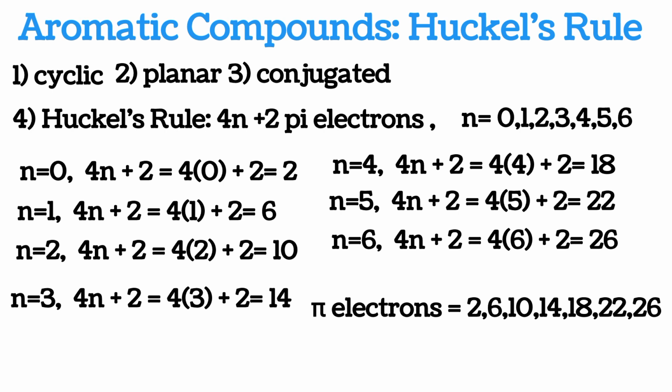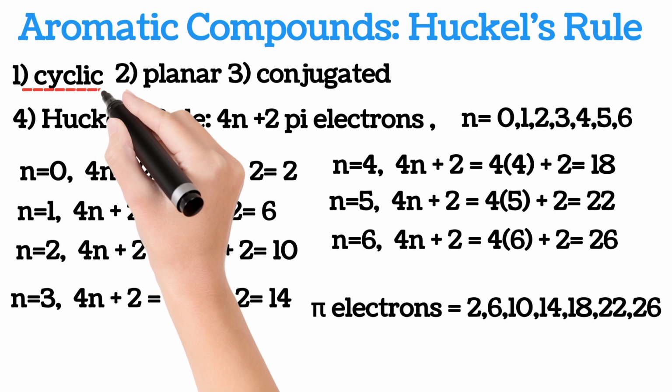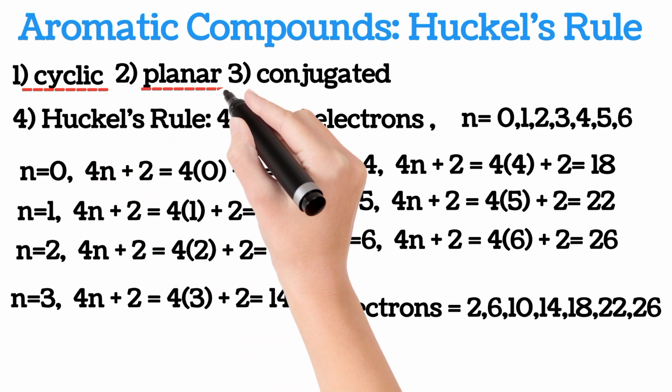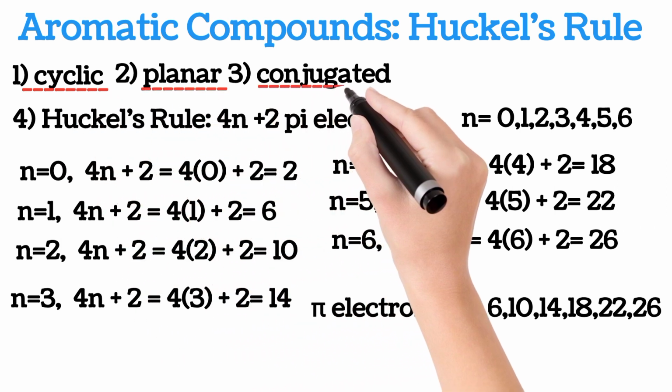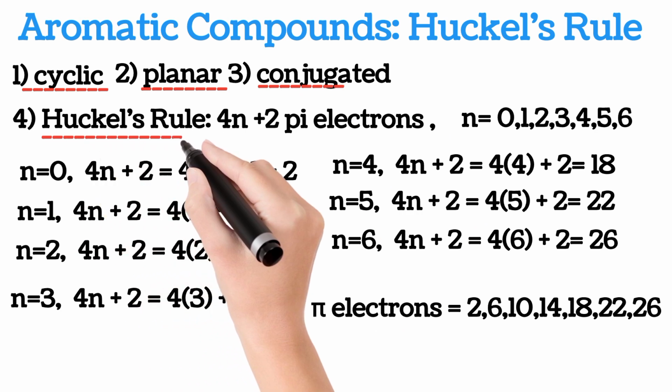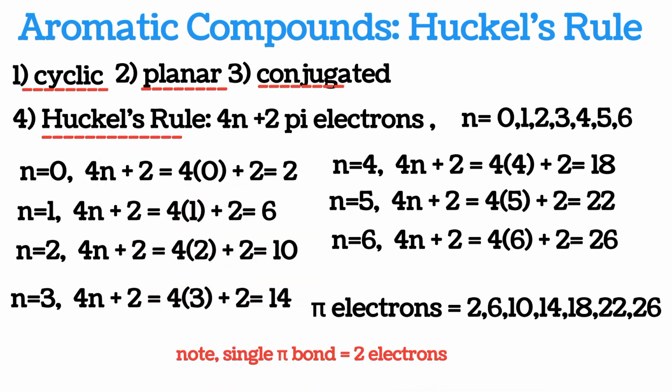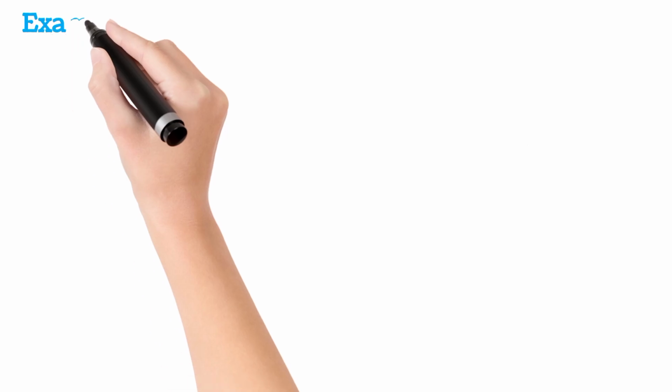So if you have this number of pi electrons, and you are cyclic, and you are planar, and you are conjugated, then you are aromatic. Note, a single pi bond is equal to 2 electrons.